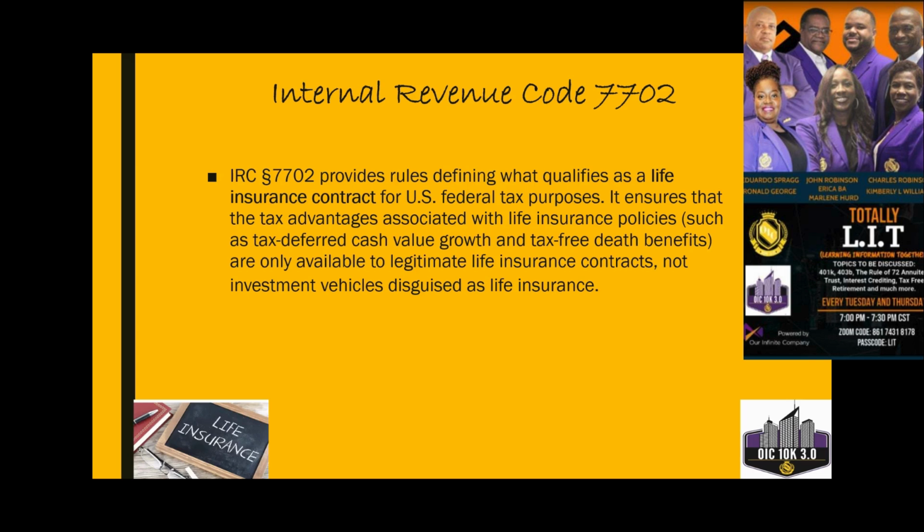This is how a life insurance contract is defined for U.S. federal tax purposes. So that's that very important word, tax. Remember that you always want to make sure that you are putting you and your family in a position where you're not overpaying your taxes, but you are meeting those tax needs.